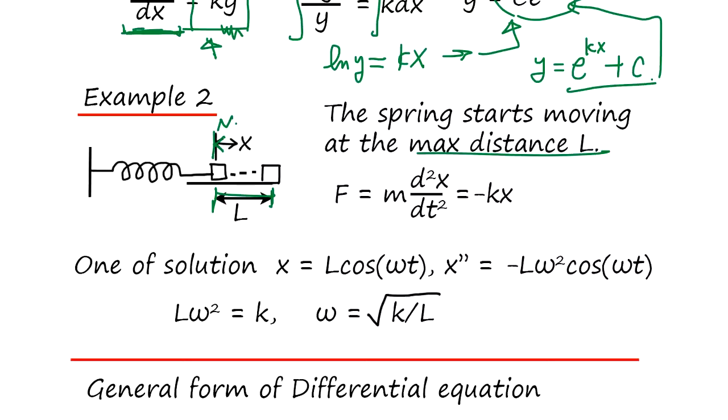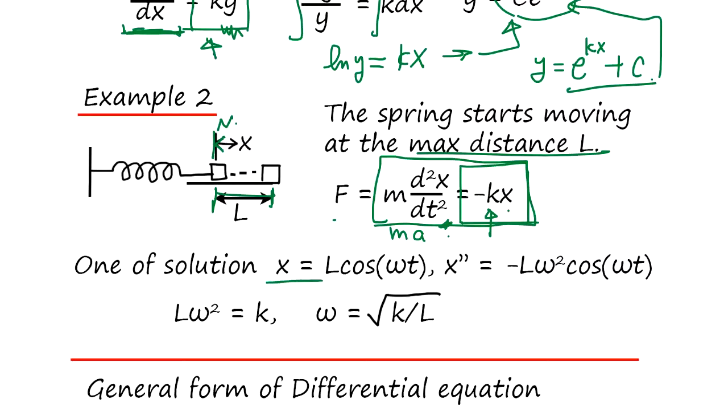Okay, so F equals ma. a is the second derivative of the distance x with respect to time t, and that is, according to Hooke's law, proportional, this is the coefficient, to the distance. So this is the differential equation.